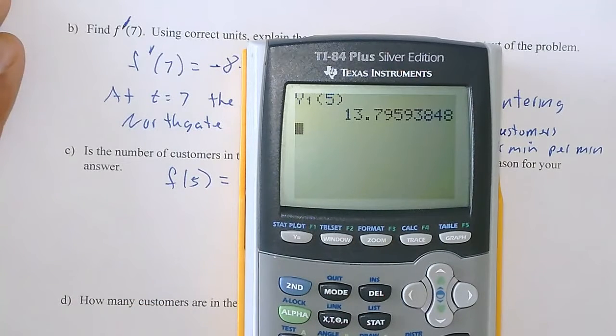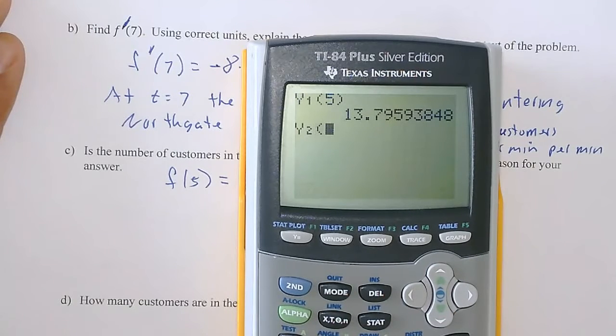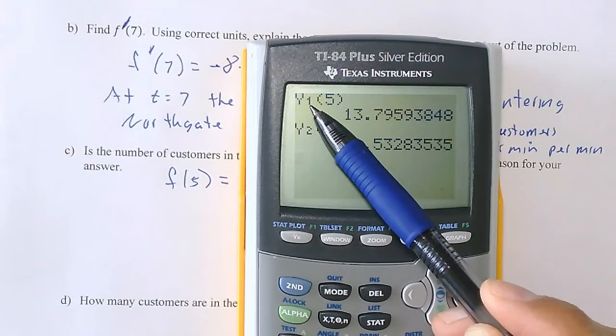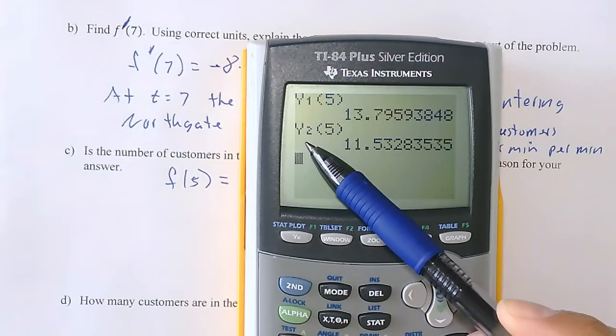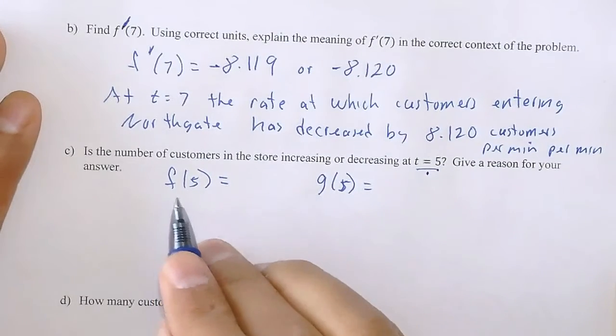So f of 5 was 13.780. G of 5 was 11.533. So what's happening? Well, because this is bigger, the number of customers in the store is increasing.